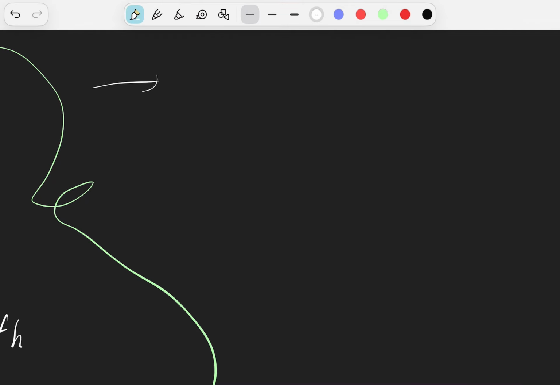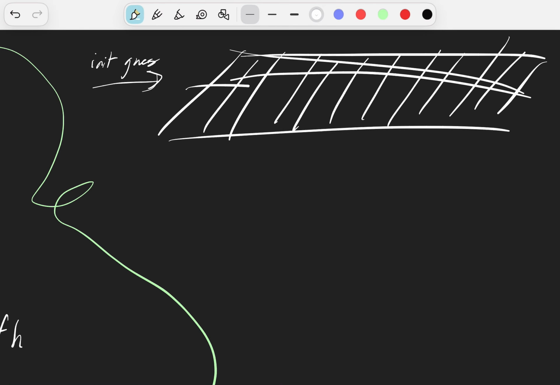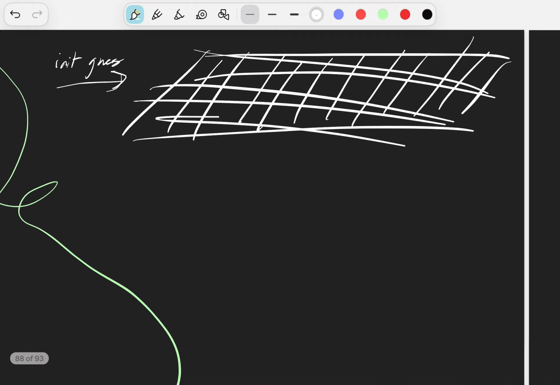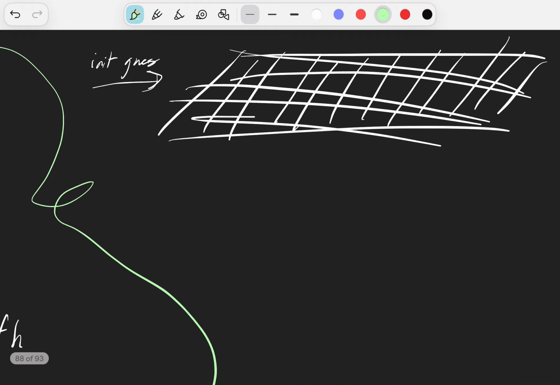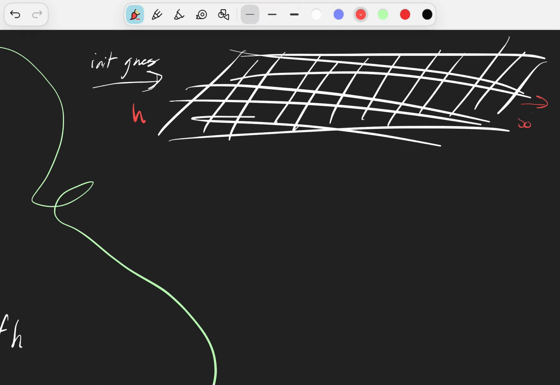So say we have some initial guess for our solution, and here's the domain we chose, which is super fine. It's a fine grid. Let's say this is h here, and this will spit out some solution.